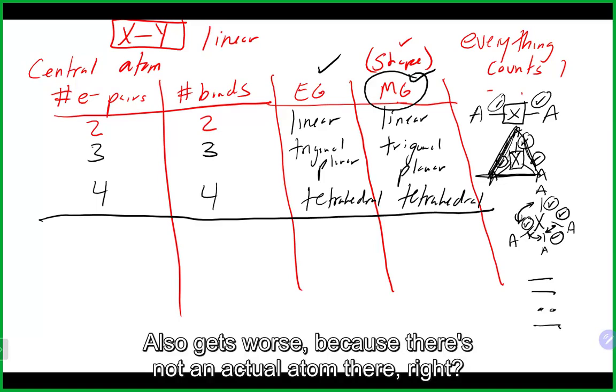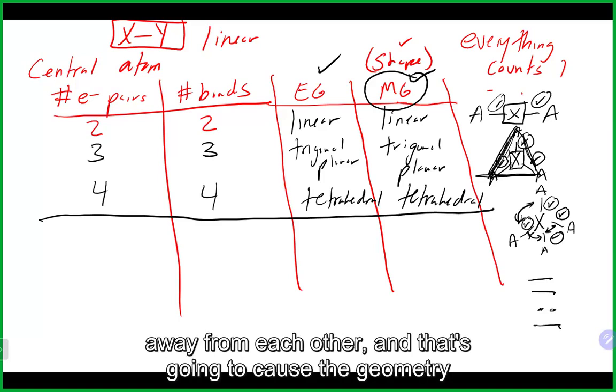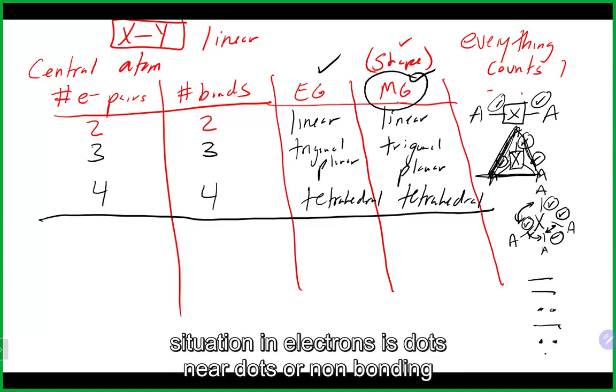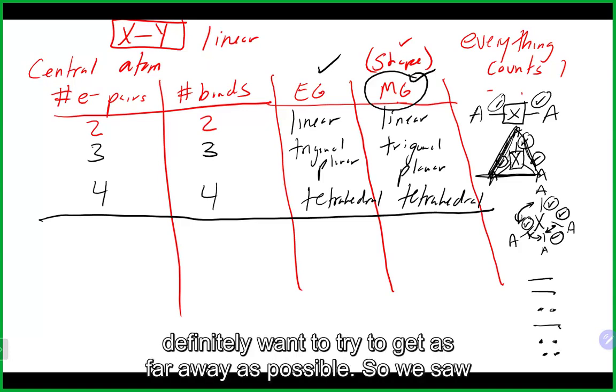Also gets worse because there's not an actual atom there, right? So it gives it a little bit more room to kind of move and get away from each other, and that's going to cause the geometry shape to actually change. Remember, the worst repulsion situation in electrons is dots near dots, or non-bonding electrons near non-bonding electrons. They definitely want to try to get as far away as possible.